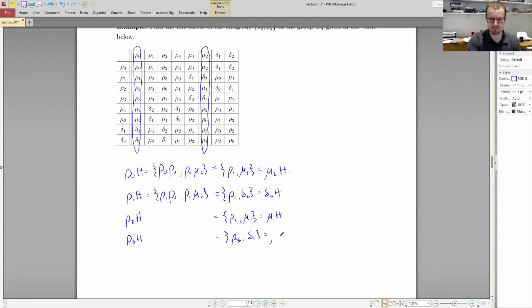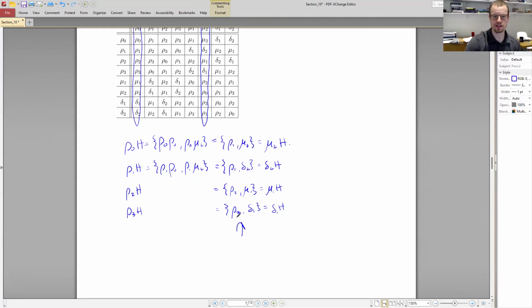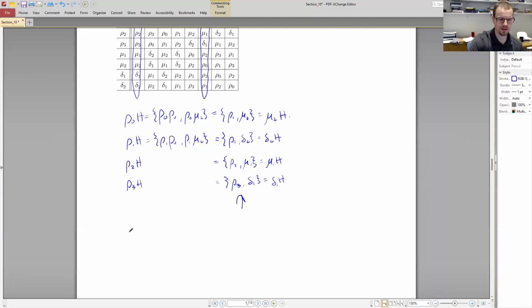Excellent. So this right here gives us our left cosets. The left cosets in this case are exactly rho naught, mu2; rho 1, delta 2; rho 2, mu1; and rho 3, delta 1.